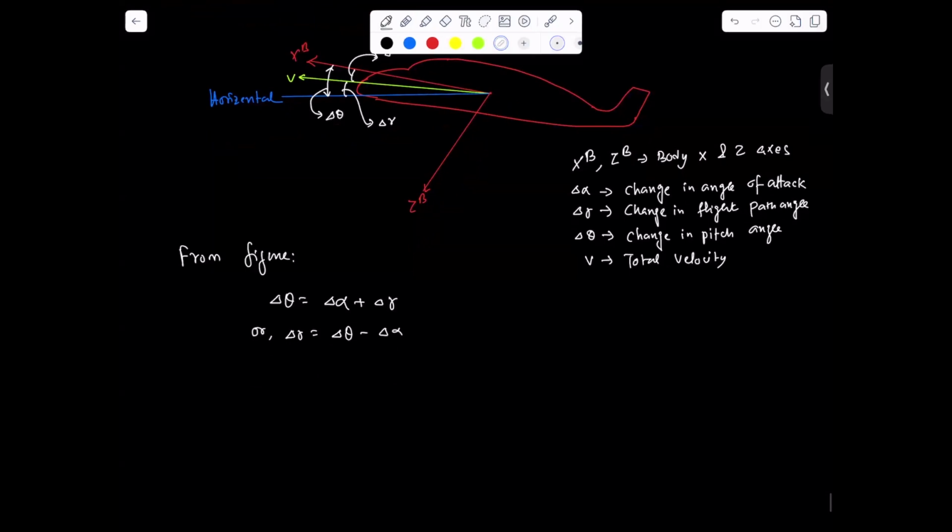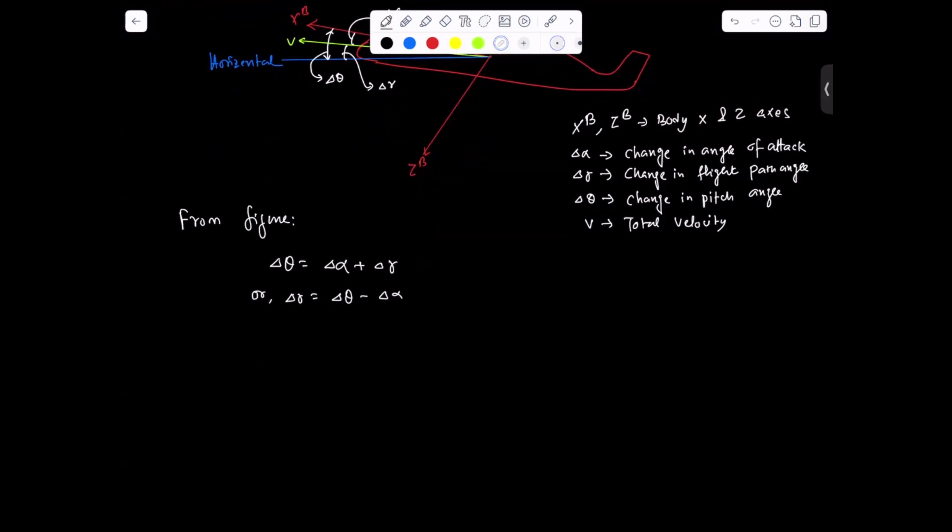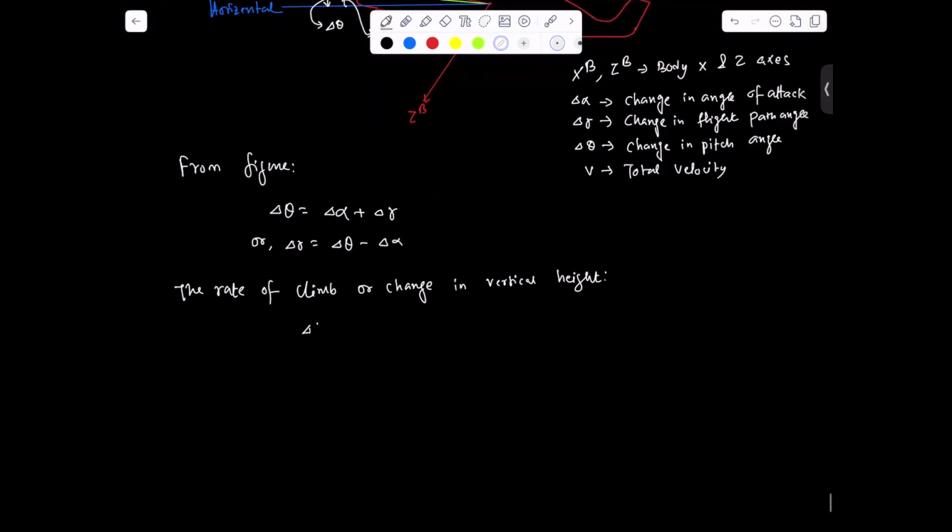So here the rate of climb, or change in vertical height, will be written as del H dot equal to V sine del gamma.